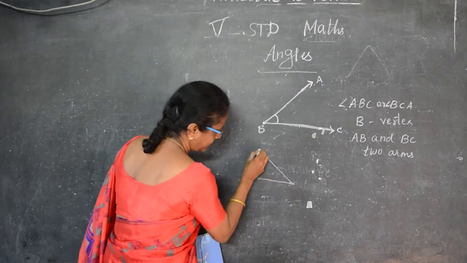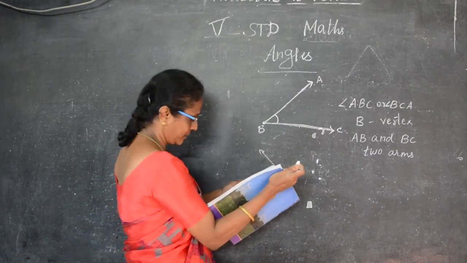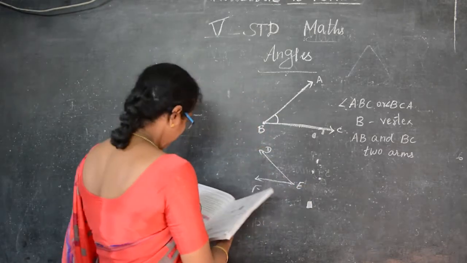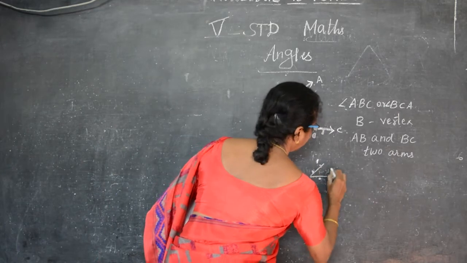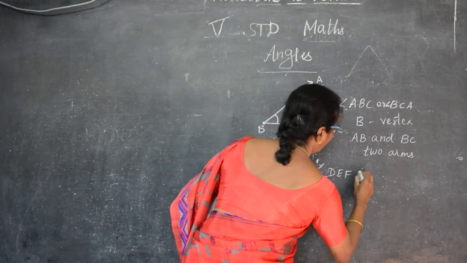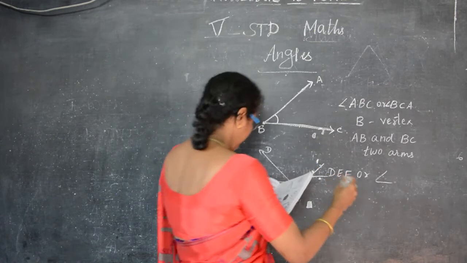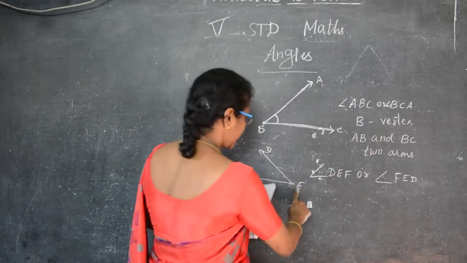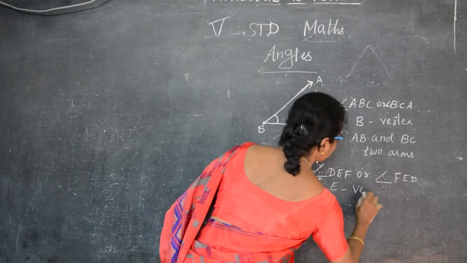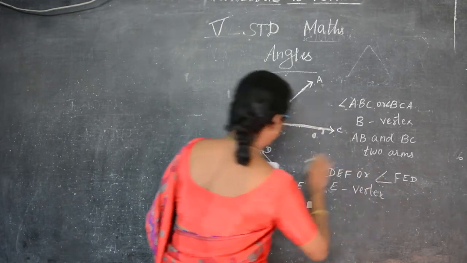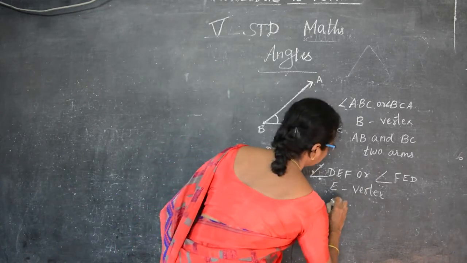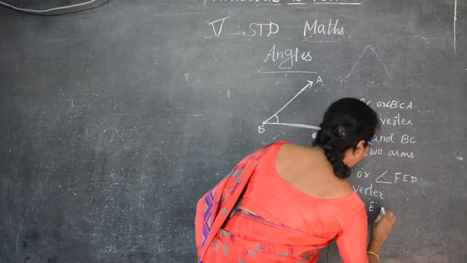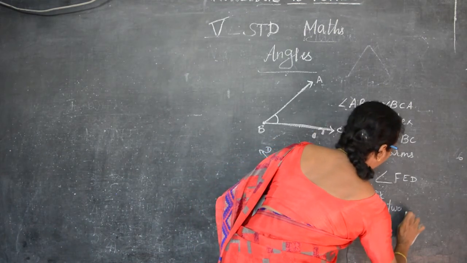Suppose it is given like this, D, E and F. Now first we have to write, is it angle DEF or angle FED. Then which is the vertex here? E is the vertex. And what are the two arms? ED and EF are the two arms.